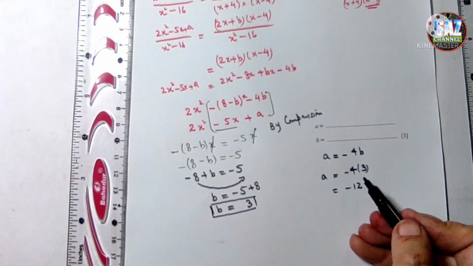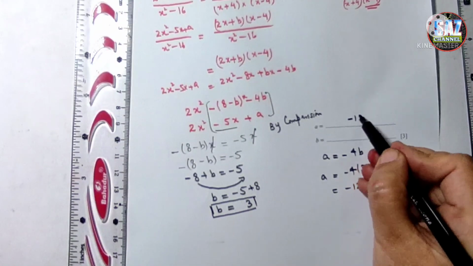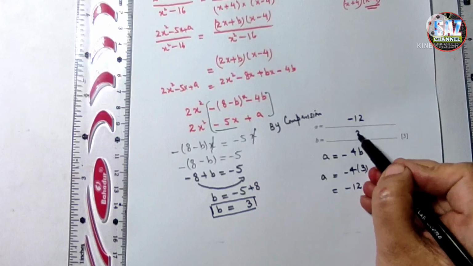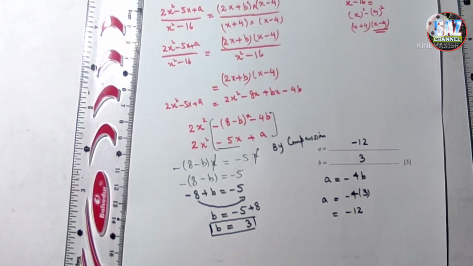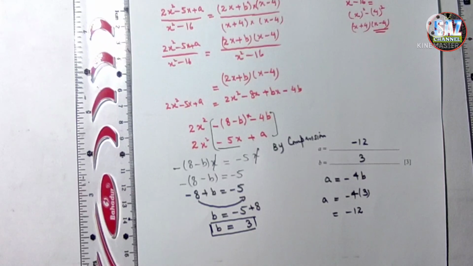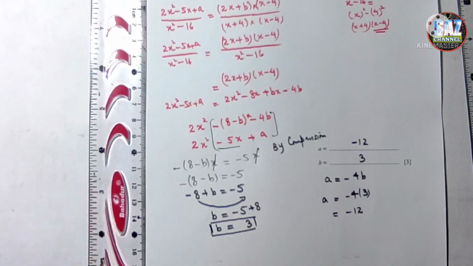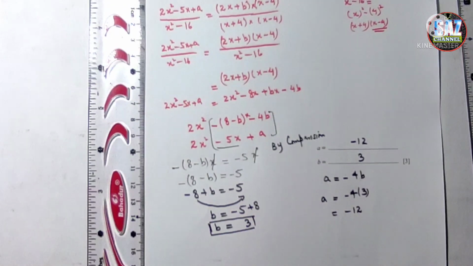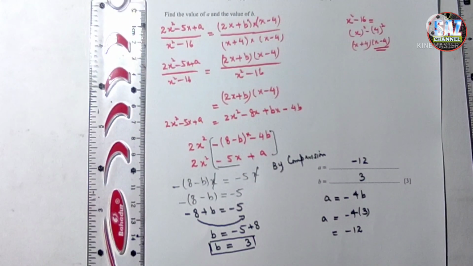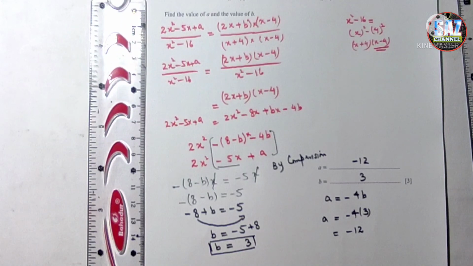So we write the answer at this place: a equals minus 12 and b equals 3. So students, you can see that it's a really easy question, but in the beginning we were finding it really difficult. It's not necessary that every time we have to take the question and bring the answer. Sometimes the answer also helps us in reaching the solution.